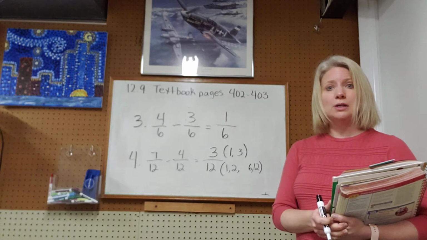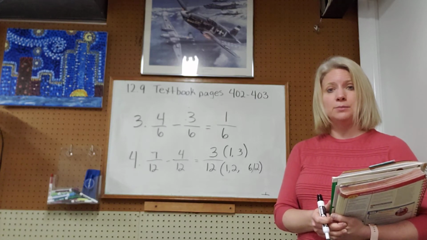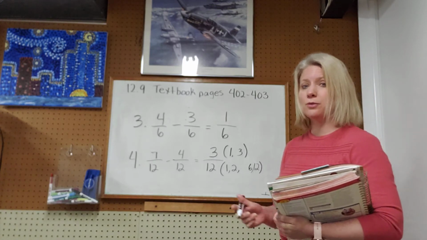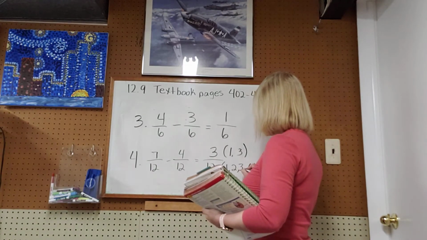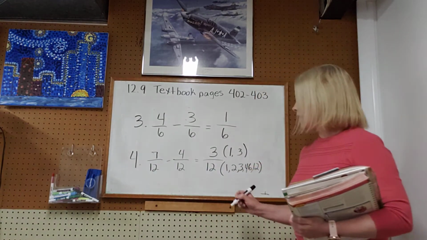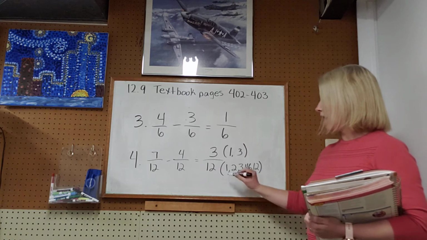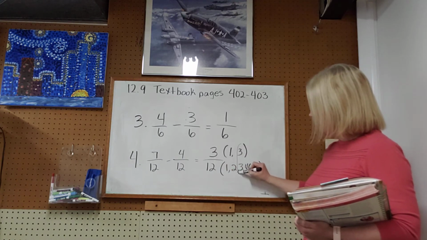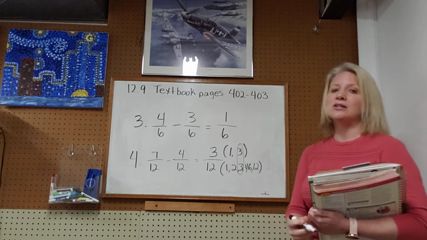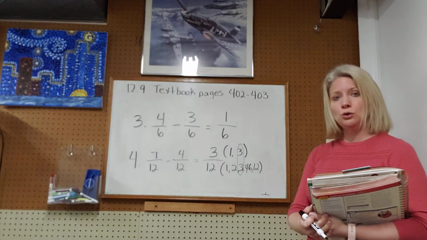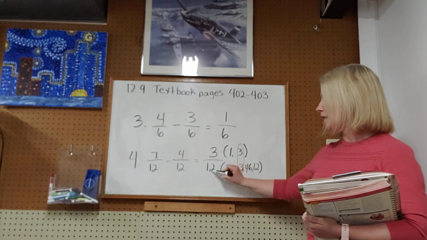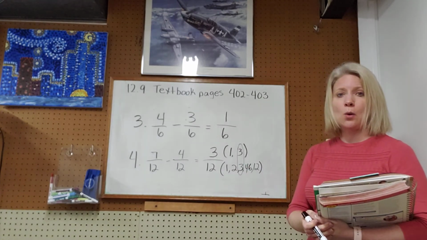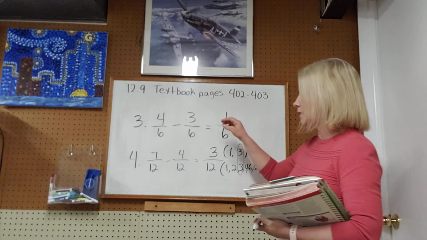What two numbers would equal 12? 3 times 4. 3 times 4 equals 12. So those are also factors. Now if you look at 1 and 3 for the factors of 3 and the factors for 12, you have 3 that matches. So that tells you can divide 3 by 3 and 12 by 3 to get the lowest or simplest form. So let's do that.